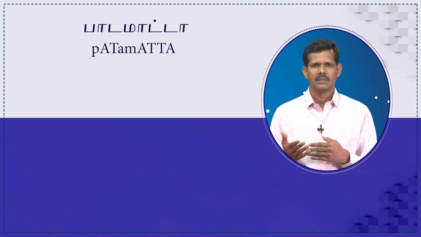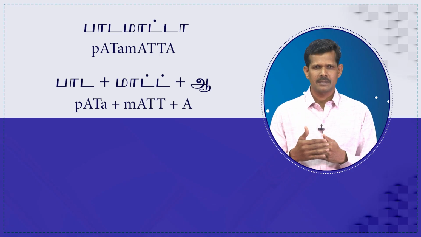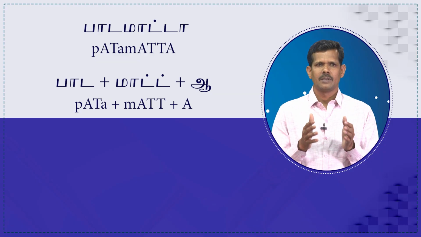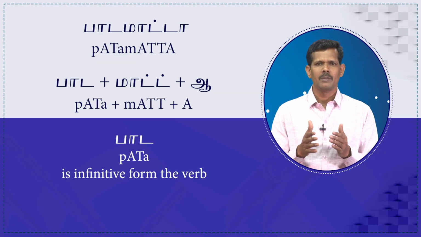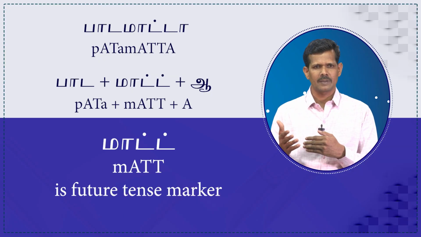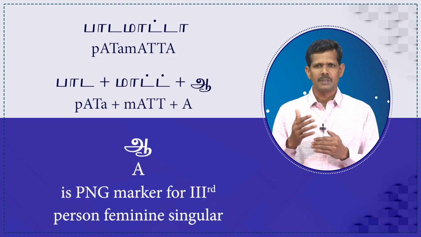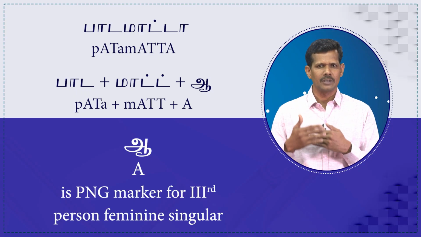The next example is Padamata. It is segmented as pada plus mat plus a. Here pada is the infinitive form of the verb padu. Mat is the future tense marker. A is the PNG marker for third person feminine singular.